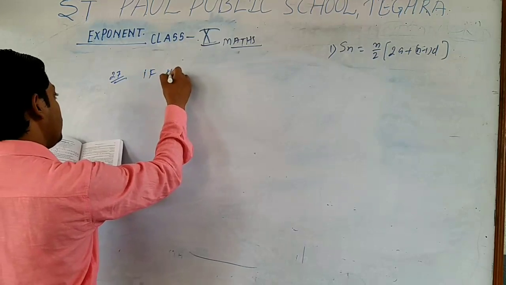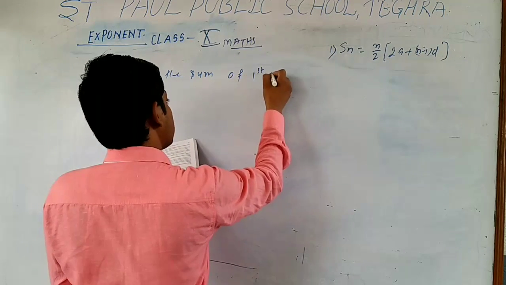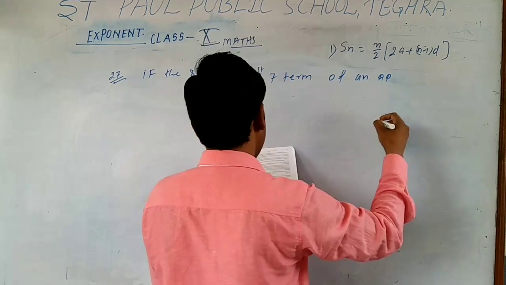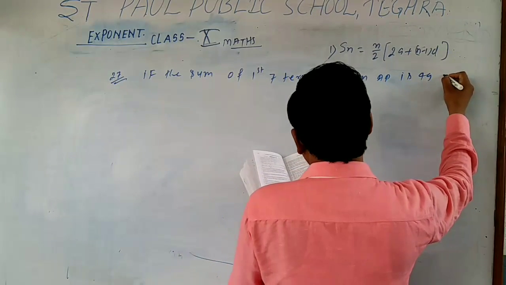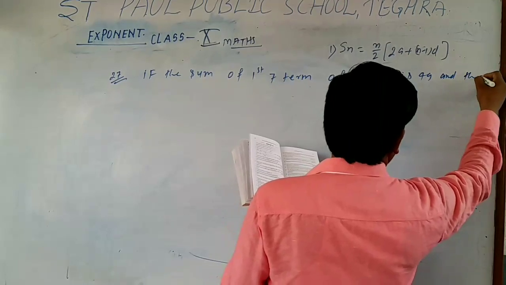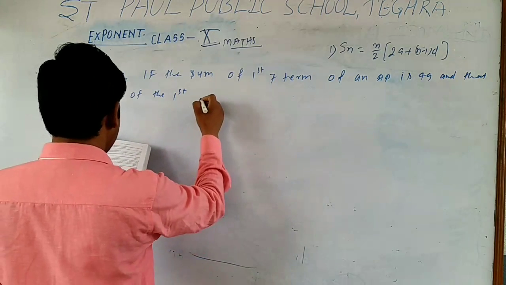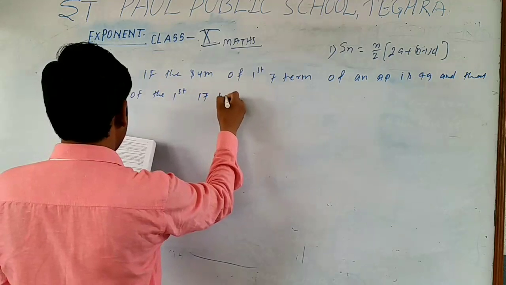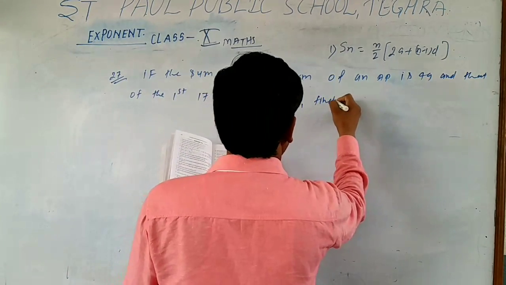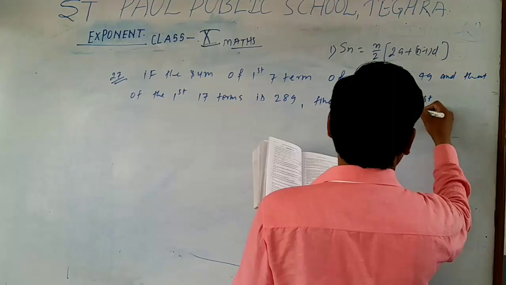If the sum of the first 7 terms of an AP is 49 and that of the first 17 terms is 289, find the sum of the first n terms.